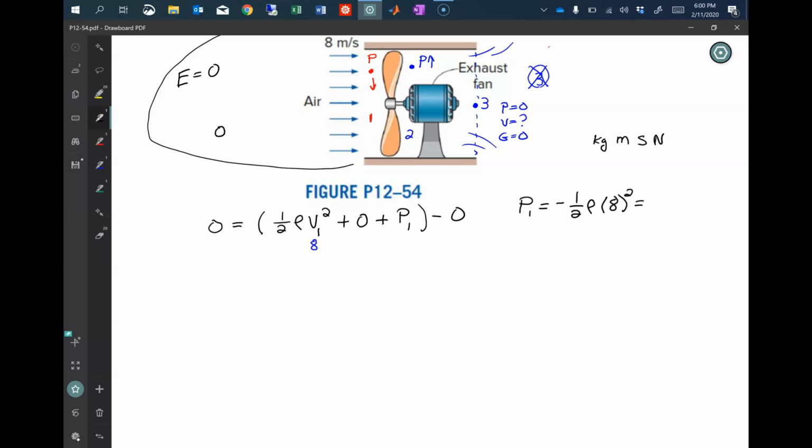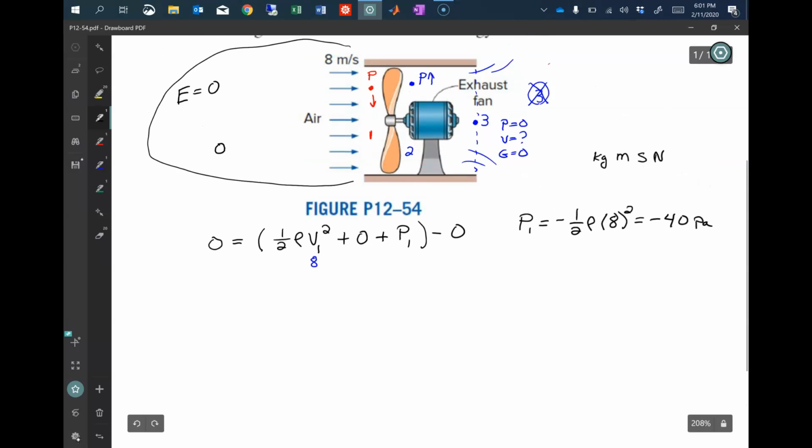So let's calculate that. 64 times the density, 1.25, divided by 2. So this is a negative 40. And the unit will be pascals, because that's newtons per square meter. So it's the standard unit.